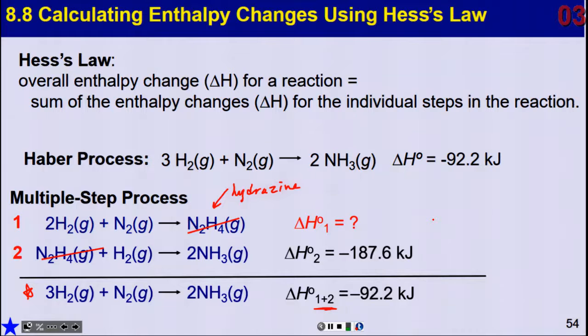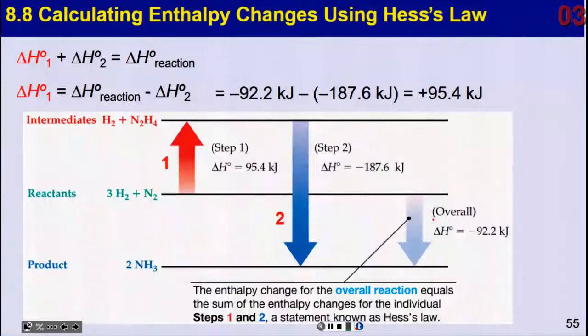So how does that all work together, and why does this make sense? The combination of those first 2 heat changes gives us the overall process of making ammonia in the net. But the inference then is that you can take the sum of the 2 at the bottom, and the difference between delta H1 and delta H2 is the one that we're missing. So look at it this way.